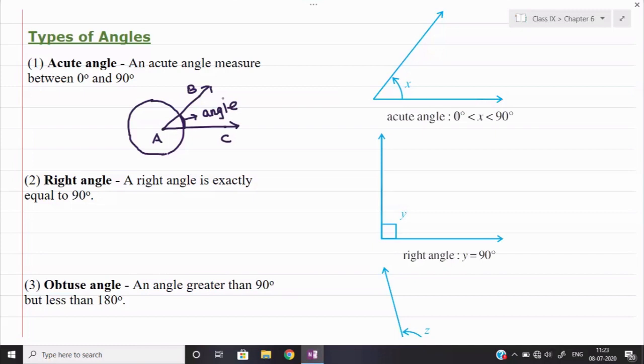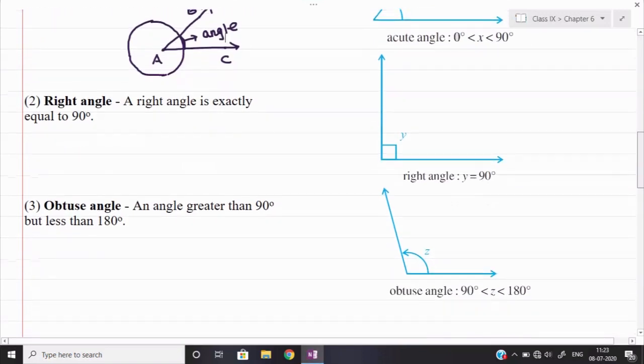Okay, so now see the types of angles they are talking about here. First of all, they are talking about the acute angle. So remember, in the acute angle, the angle measurement lies between 0 and 90 degrees. It cannot be equal to 0 as well as it cannot be equal to 90 degrees. Similarly, let us see the second definition.